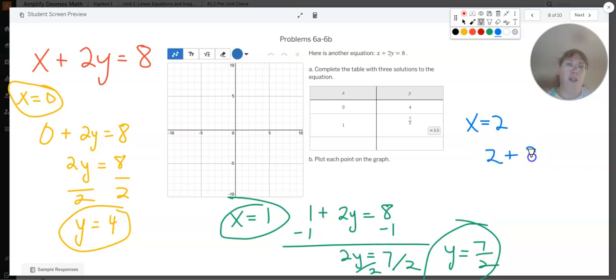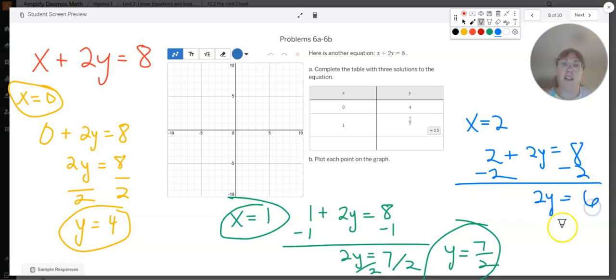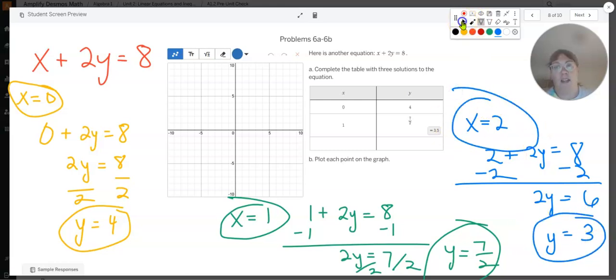We have 2 plus 2y equals 8, minus 2 on both sides to get 2y equals 6. Divide by 2 to get y equals 3. So when x is 2, y is 3. And if we were to graph them, we would do 0, 4, 1, 3.5, and 2, 3. There we go. Check part 2 for the rest of the video.